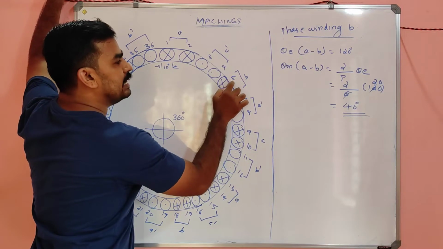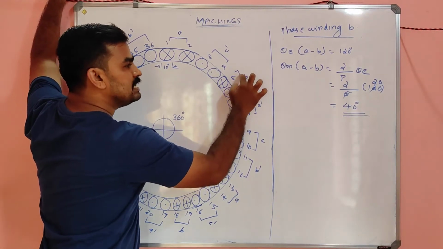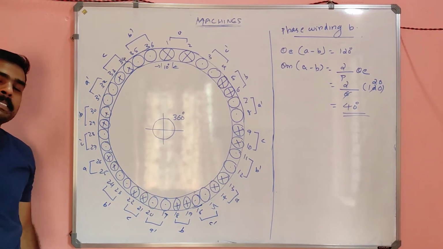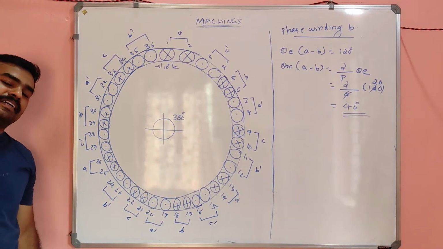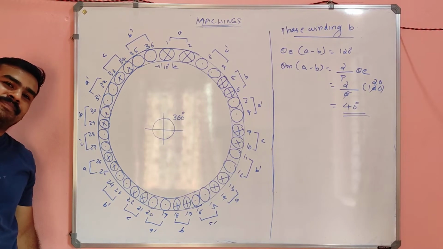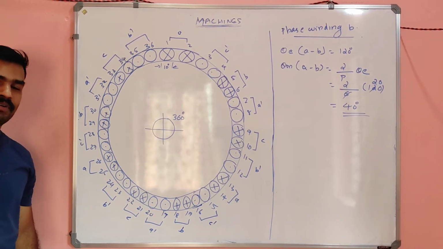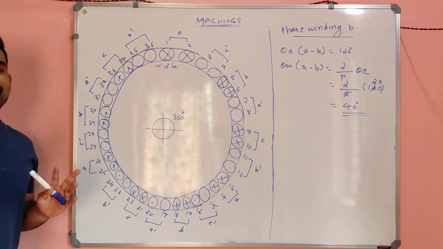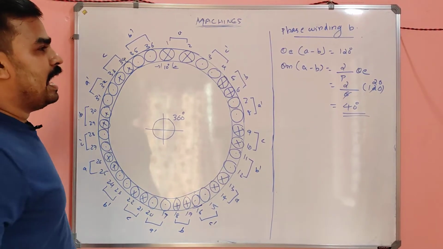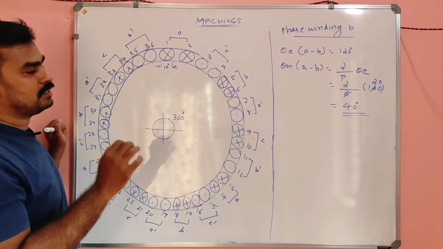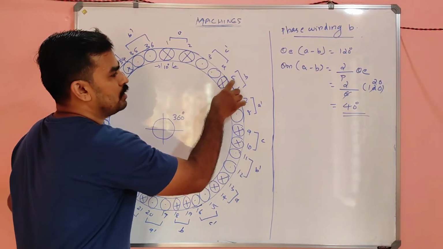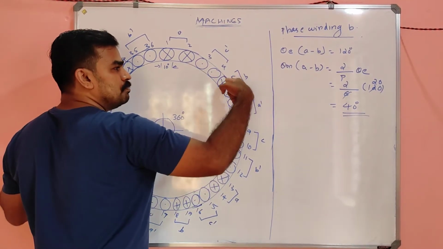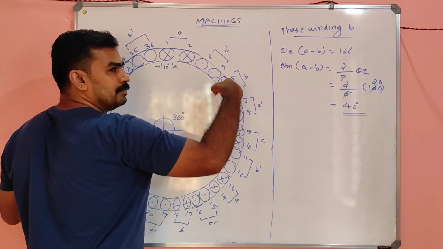So 40 degrees, that is in slot 5, you insert winding B. Is it clear, my dears? I will tell you once more after doing all this, okay? So please keep focused and keep calm. And this is theta mechanical. So that means in slot number 5, we inserted the winding phase B, starting point at 5.